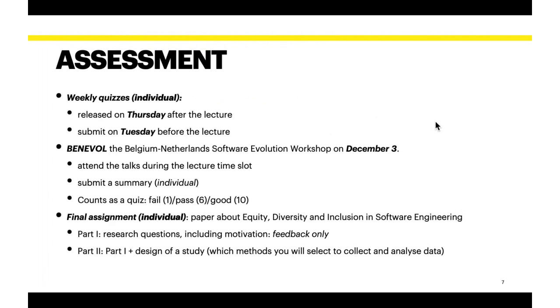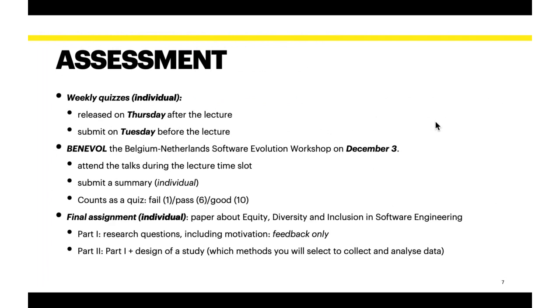And this assignment will consist of two parts. In the first part, you will be requested to formulate research questions and motivate them. This part is not going to be graded, but we will provide you the feedback because we would like to help you as much as possible in phrasing those research questions and in explaining in a convincing way why those questions are important and for whom.